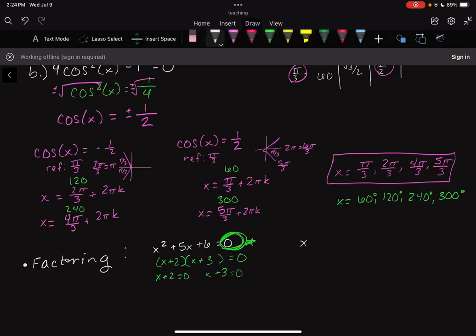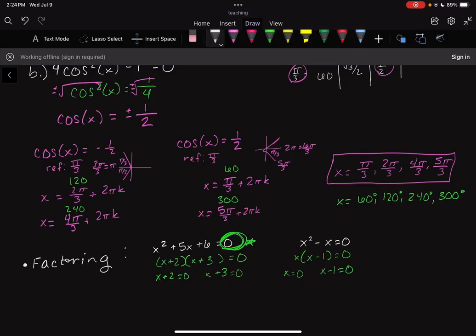Another quick example of factoring, if I have x squared minus x, I can factor out an x, and I'd be left with x equals 0 and x minus 1 equals 0. If you want a better explanation of those, I would check out 3.1 because I explained those a little bit more in that section.